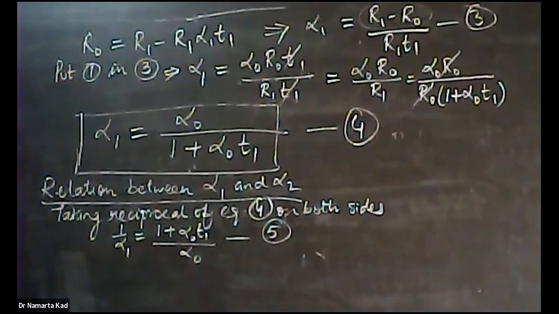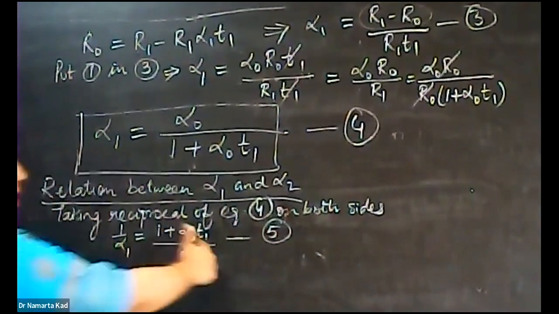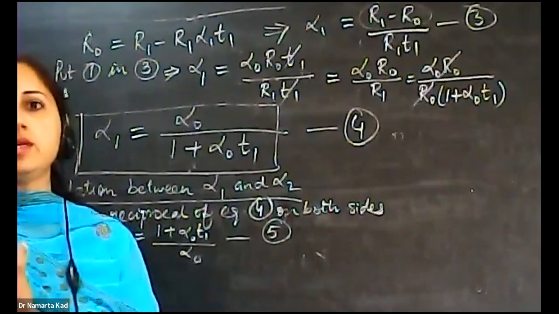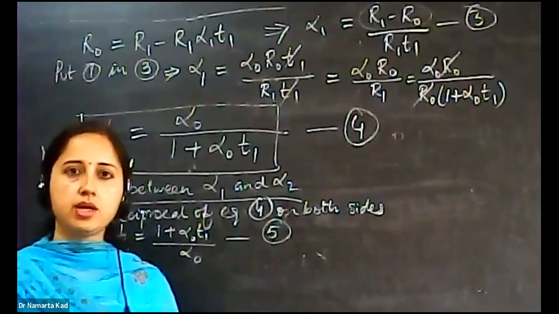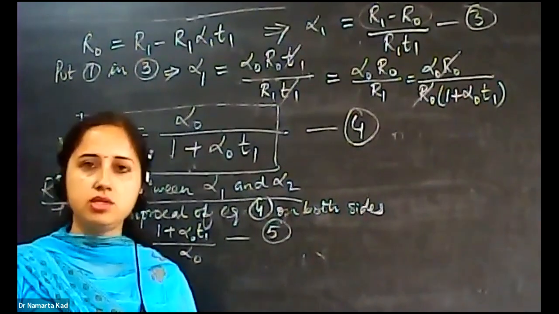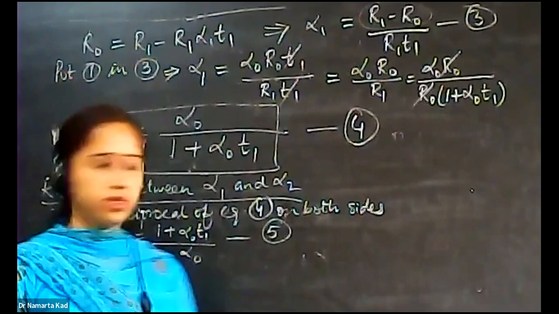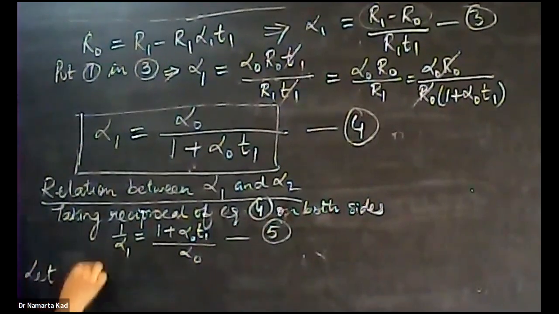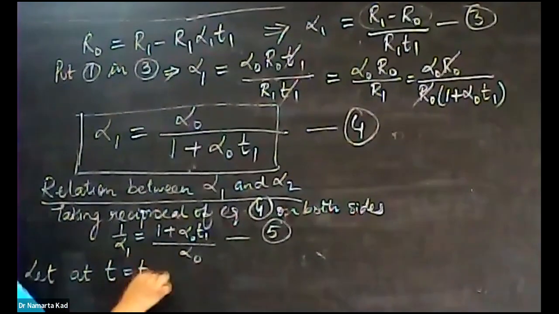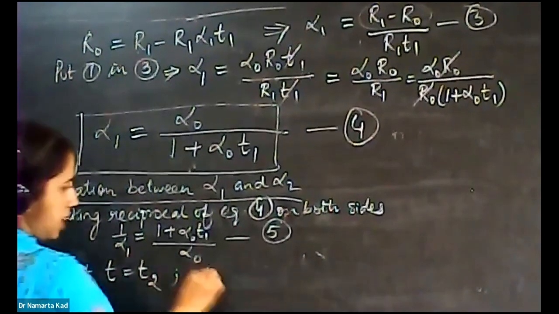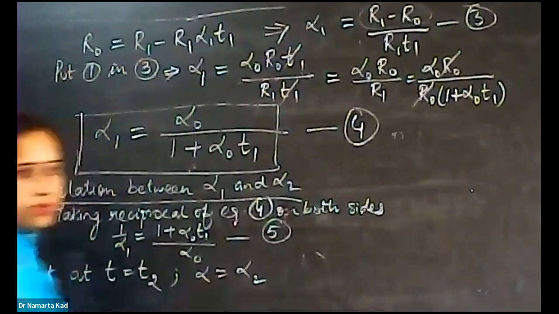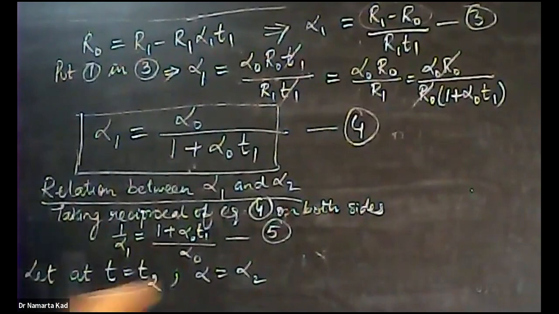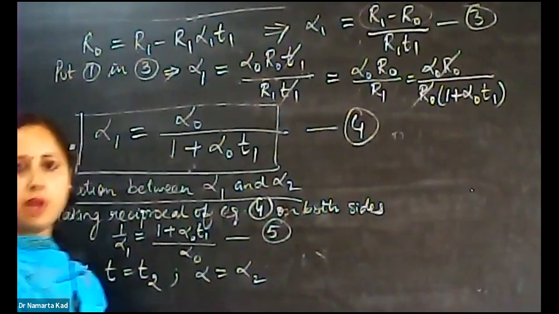Now similarly we have to write down the next equation for alpha 2. Let us suppose there is any other temperature T2 at which alpha is alpha 2, ठीक है. So let at T equals T2, alpha equals alpha 2. कोई टेम्परेचर है T2 जिसके ऊपर टेम्परेचर कोएफिशिएंट ऑफ रेजिस्टेंस को हम अल्फा 2 के साथ सिंबलाइज कर रहे हैं.